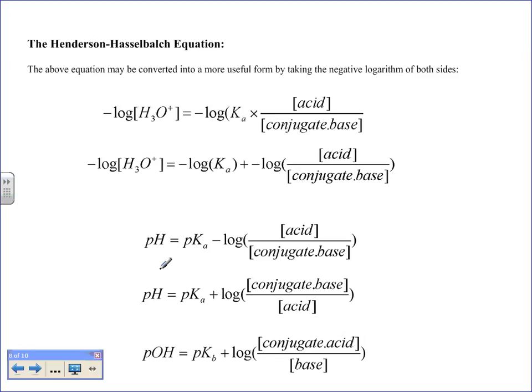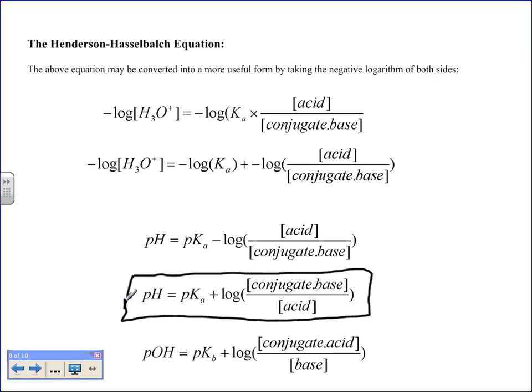So this is the Henderson-Hasselbalch equation. And you'll be able to use this if you recognize that you've got a buffer. You're going to be able to use it to calculate the pH rather quickly. I remember it by saying pH is equal to pKa plus log of Ba, so to remind me that it's the base over the acid.